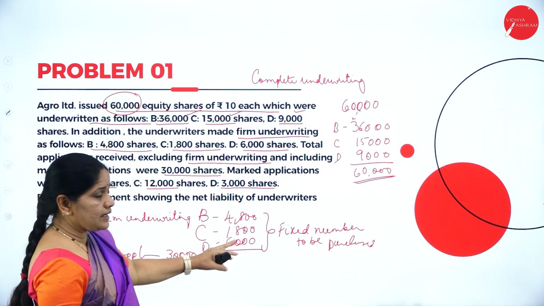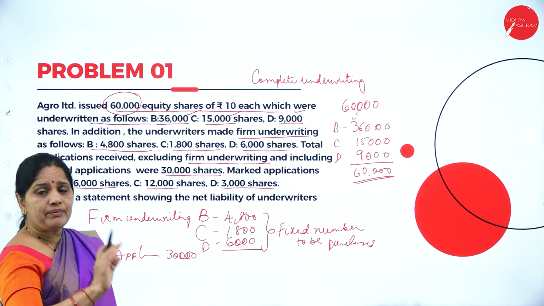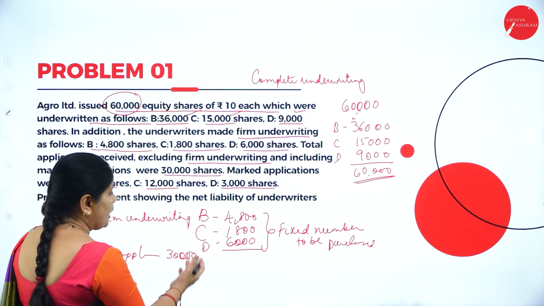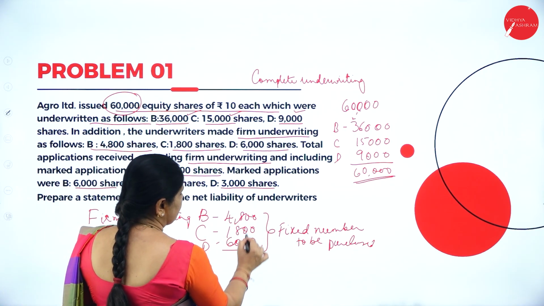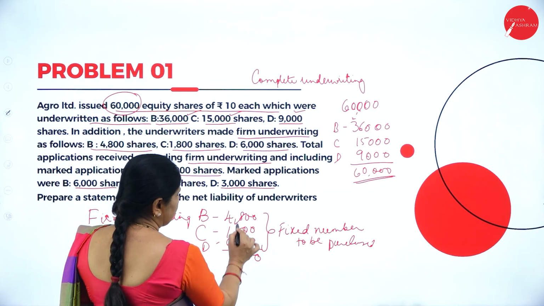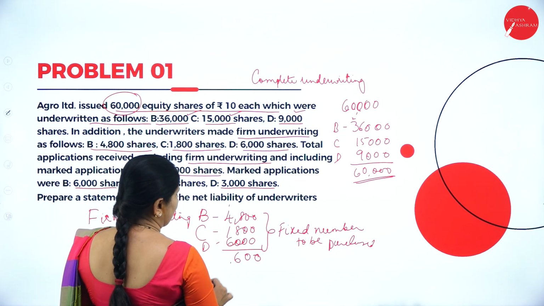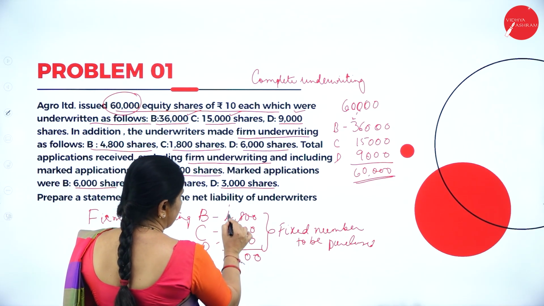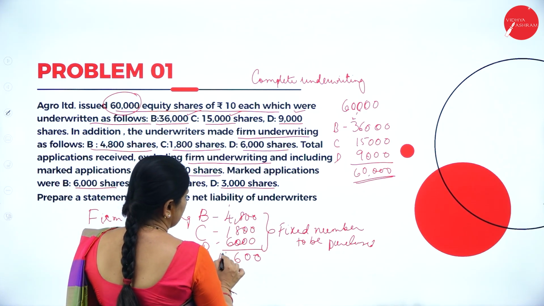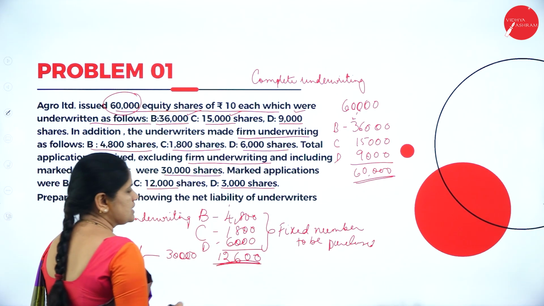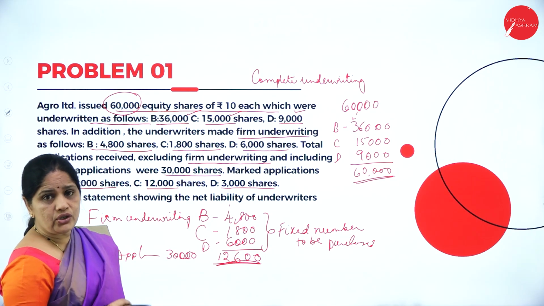Firm underwriting is also an application made by the underwriter. So, how many shares have they agreed to take up? 8 plus 8, 16, 6, borrow 1, 6, 7, 8, 8 plus 4, 12. So, 12,600 shares they have agreed to take up.